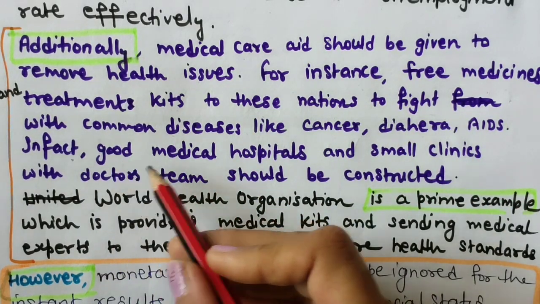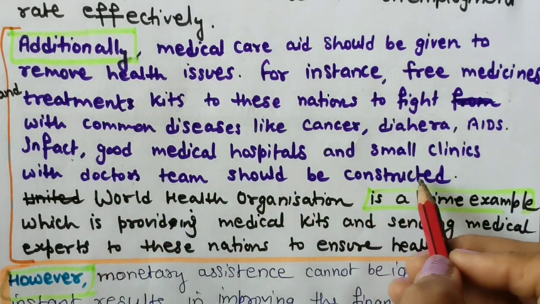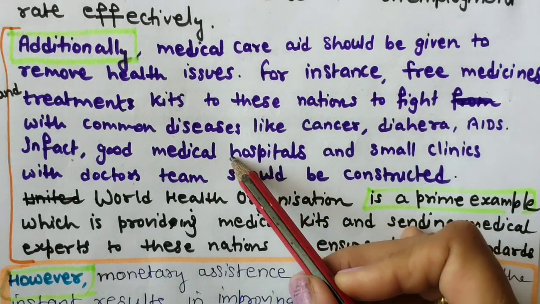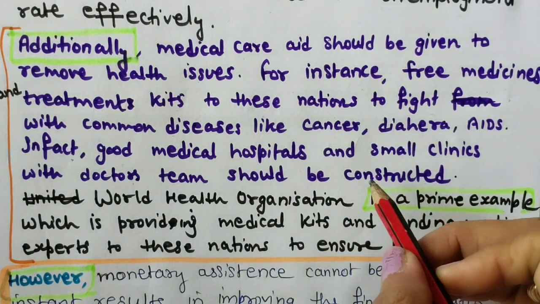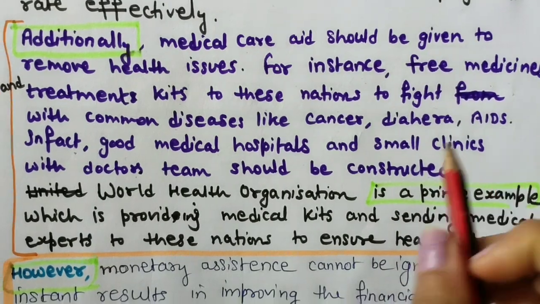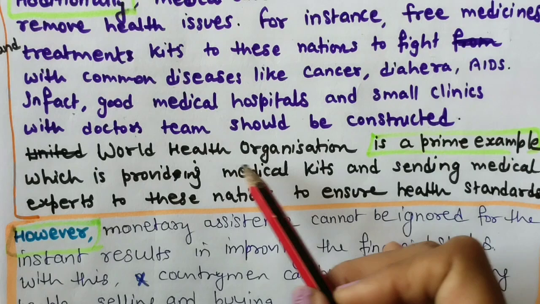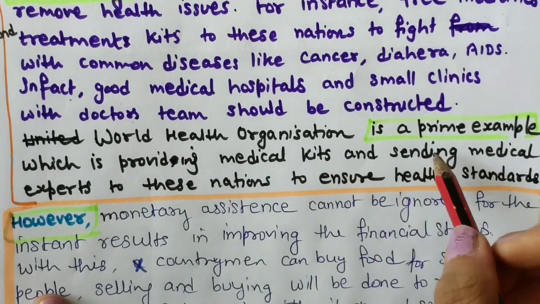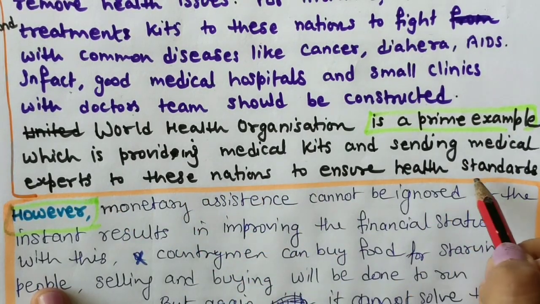In fact, good medical hospitals and small clinics with doctors' teams should be constructed. So I'm saying in those countries, good hospitals, medical hospitals, small clinics should be set up and constructed. For example, World Health Organization, WHO, you can write, is a prime example, which is providing medical kits, sending medical experts to these nations to ensure health standards.